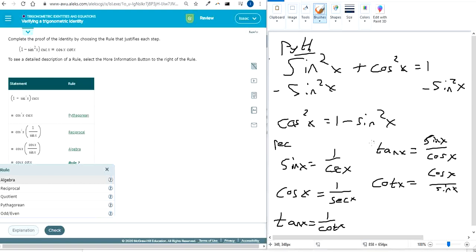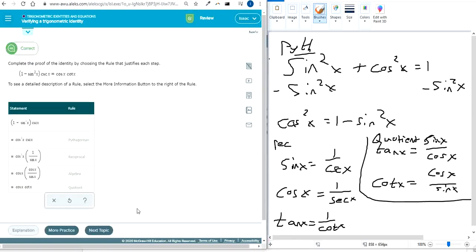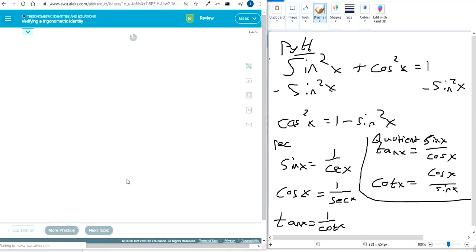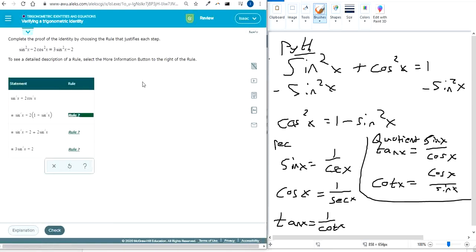These two that I just wrote down are the quotient rule. Then you can hit check, and Alex will check through the rules and make sure they all line up.